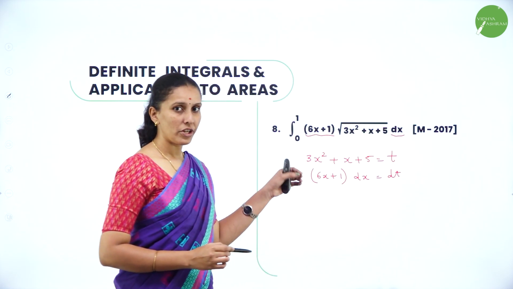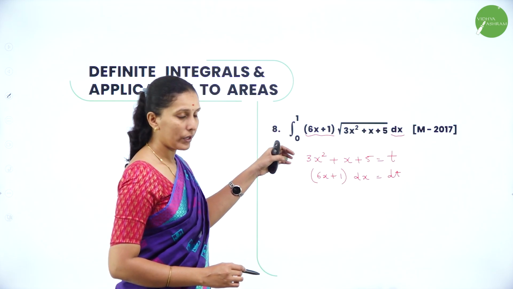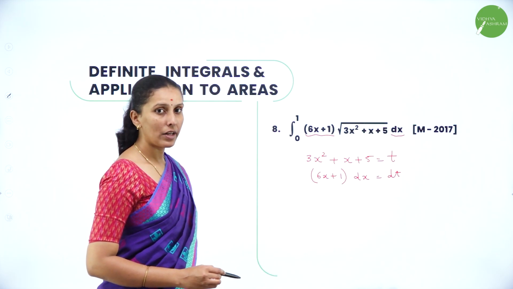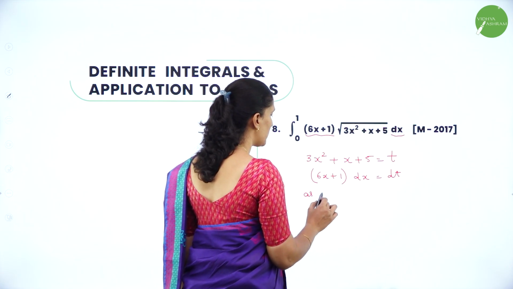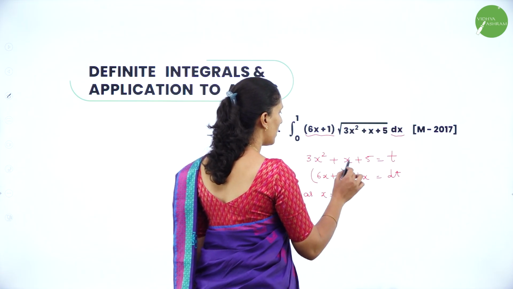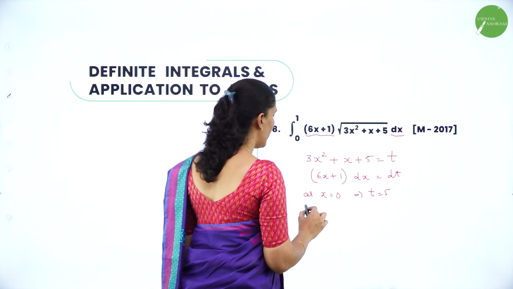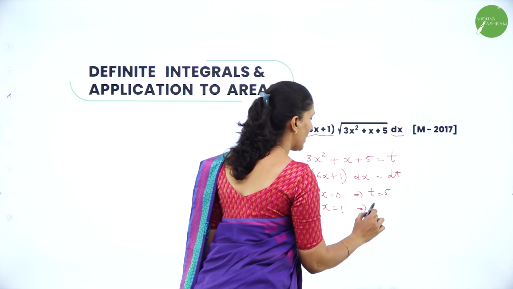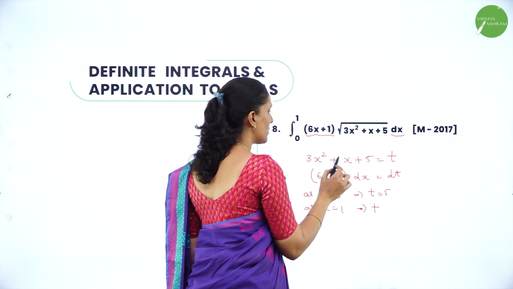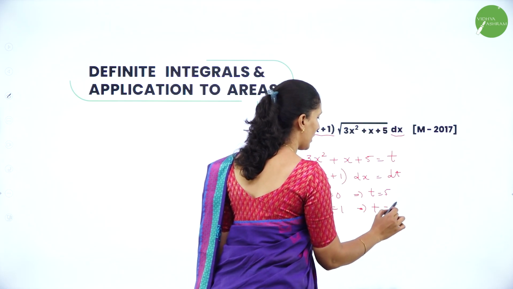Now since I am changing the variable here, we have a definite value, that is upper and lower limit. So let us change the limit with respect to t now. As x is equal to 0, this implies t is equal to 5, and now as x is equal to 1 implies t is equal to 1 square 1, 1 so 3 plus 1 4, 4 plus 5 9.